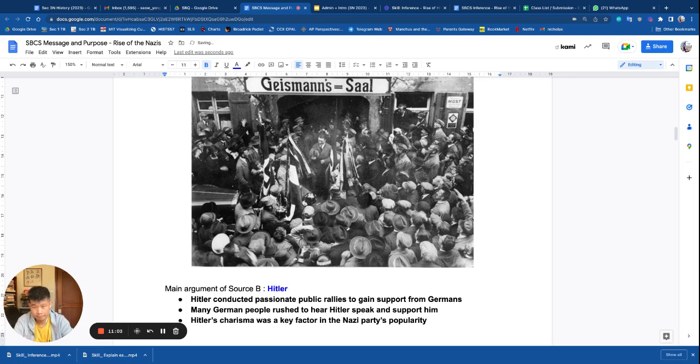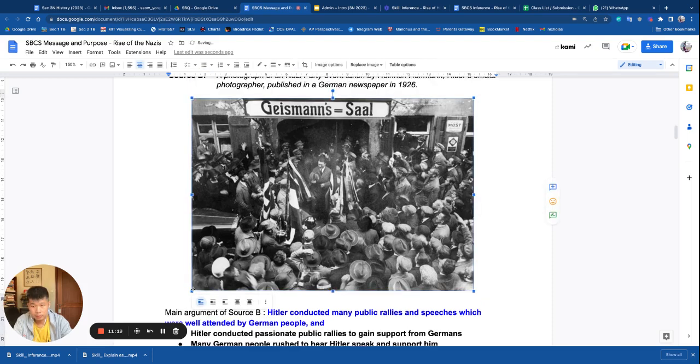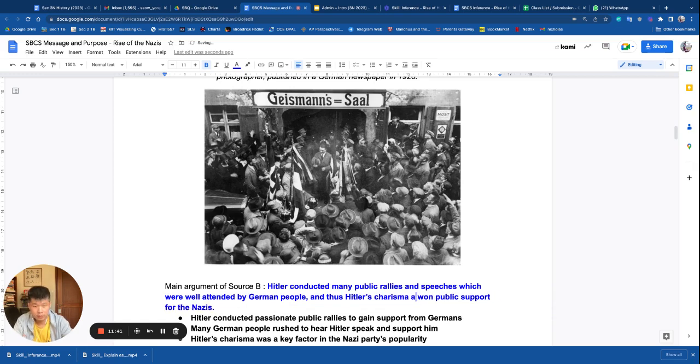Hitler conducted many public rallies and speeches, which were well attended by German people, and thus Hitler won support for the Nazis, and thus Hitler's charisma and charm.